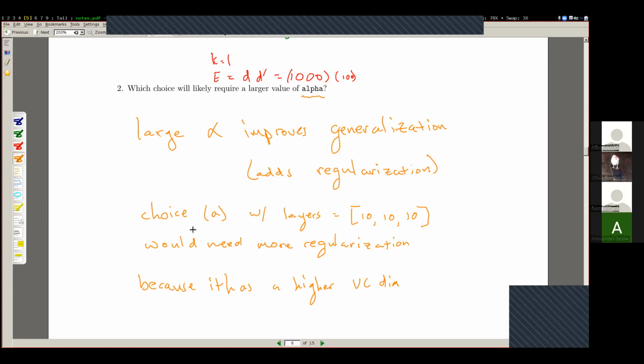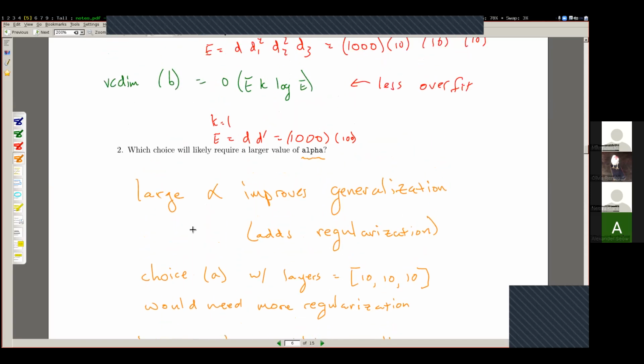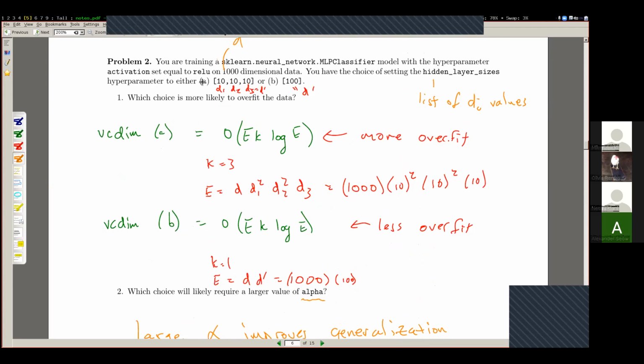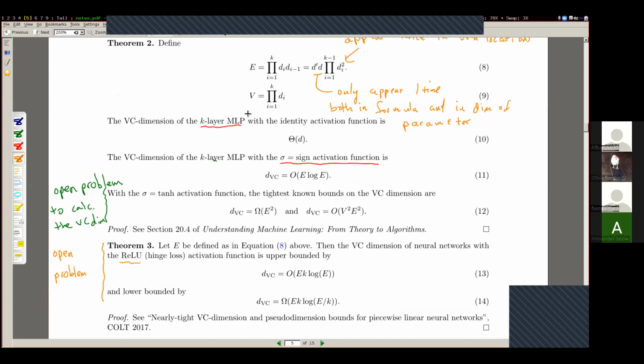Yes. Can you explain why the list 10-10-10 has a higher VC dimension? The question was, why does the list 10-10-10, choice A, have the higher VC dimension than choice B, just the list 100? We went through that pretty quickly at the end of the last class. There are these two theorems here, which give us bounds on the VC dimension of neural networks with different characteristics.